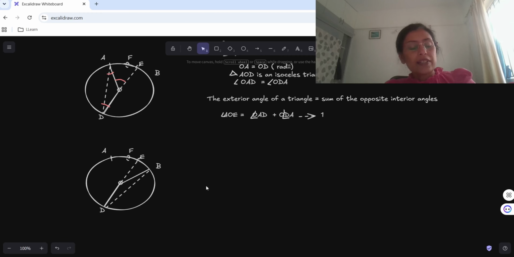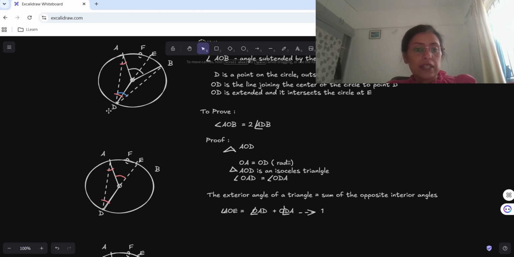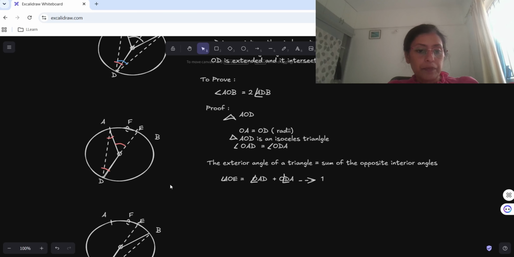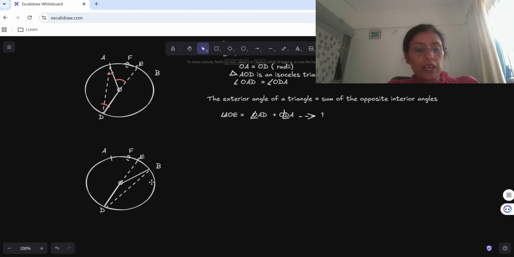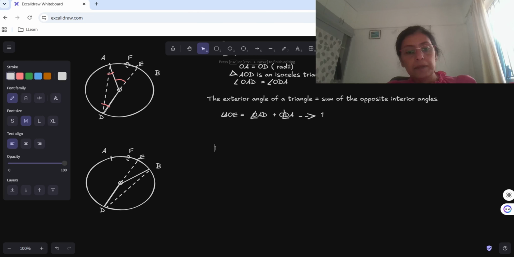So now it has just what we needed. It is the same figure as the first one. For the sake of clarity, we removed other things, so that we could only see triangle AOD and the line DE. Now we have cleared the other side, so we only see the triangle DOB and the line DE.